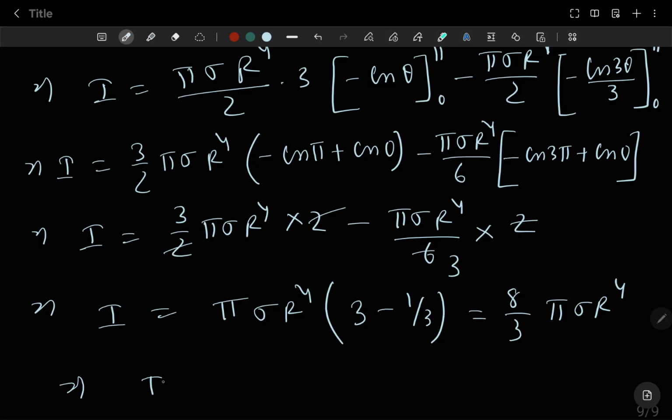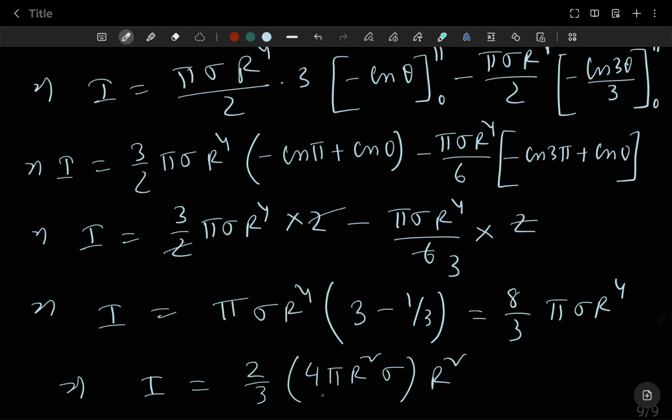So it is I equals, it can be written as 2 by 3 into 4 pi r square sigma into r square, right? You can manipulate.